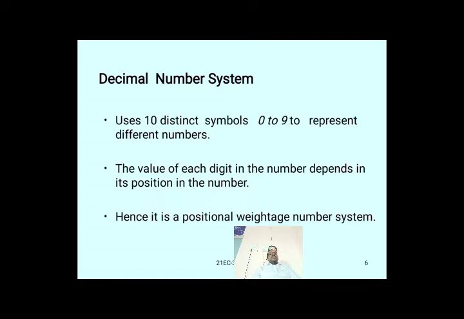Okay. See, in the second point I told that the position of a number means, here I have taken the value of a number, 100. In 100 we have 1, 0, 0 as the digits.